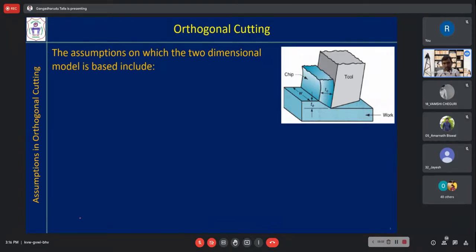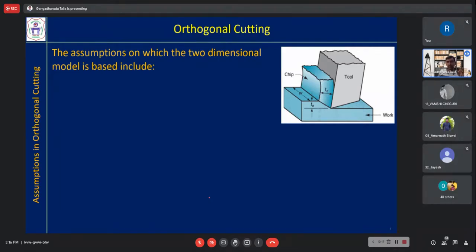So if you want to get some approximate value, it will be close to the exact value. So you can choose the orthogonal cutting process. Now we will try to analyze the orthogonal cutting process.